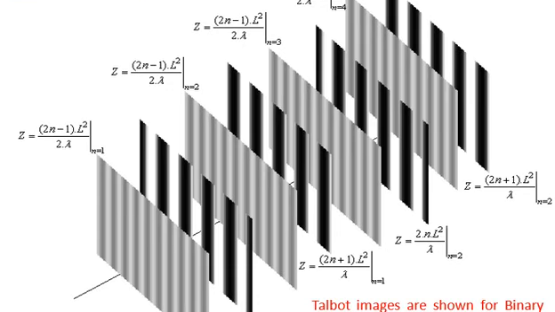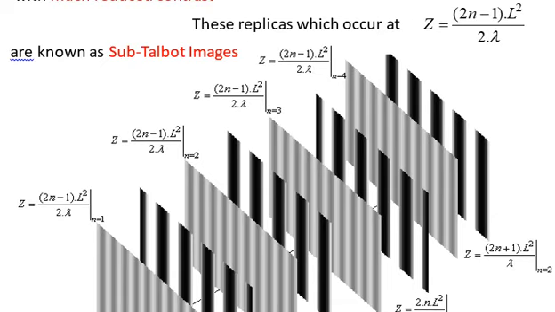For example, n equal to 1, the first one; for n equal to 2, the second gray function is shown; for n equal to 3, the third one; and for n equal to 4, we have shown the gray images. You can see here for these gray images the frequency is twice that of the frequency shown in the binary images, which are the actual images.